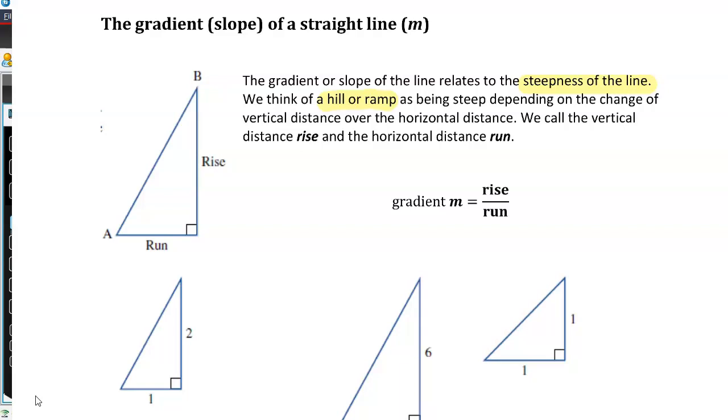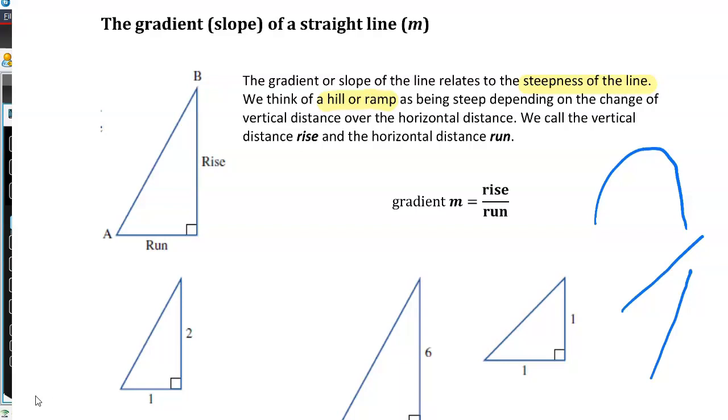Now, when you think about a hill or a ramp, we think about how steep it is. Now, we know that that is steeper than that, isn't it? Why do we consider this steeper than that?